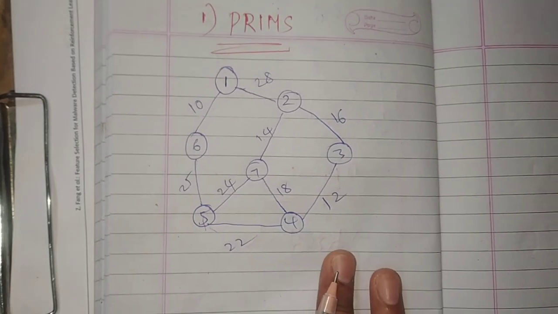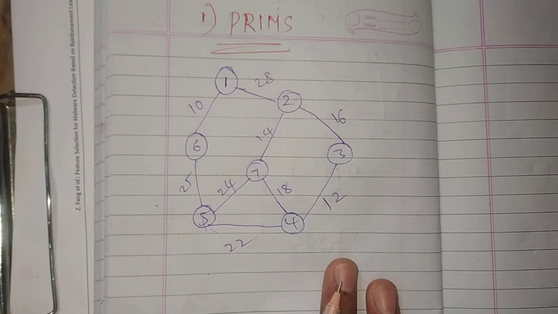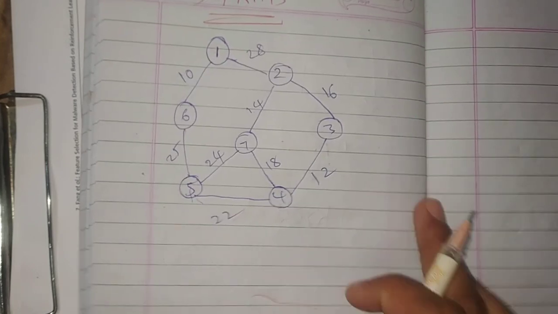I am taking this example to find the minimum cost of a spanning tree with Prim's algorithm. Very simple, just follow.